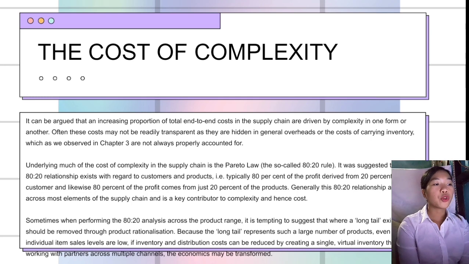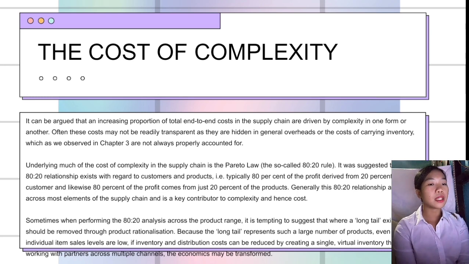Sometimes, when performing the 80-20 analysis across the product range, it is tempting to suggest that where a long tail exists, it should be removed through product rationalization. However, the long tail represents such a large number of products.